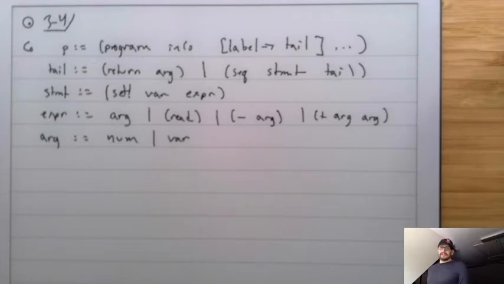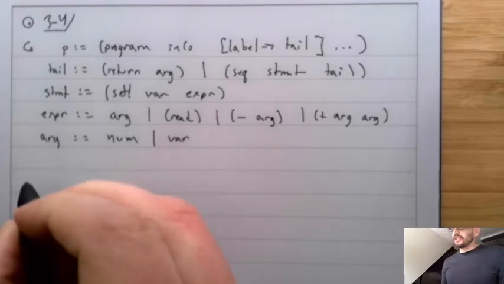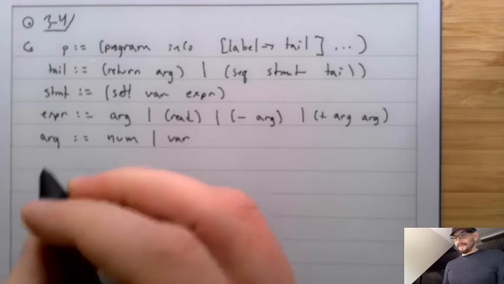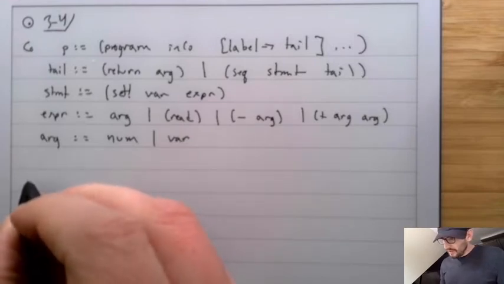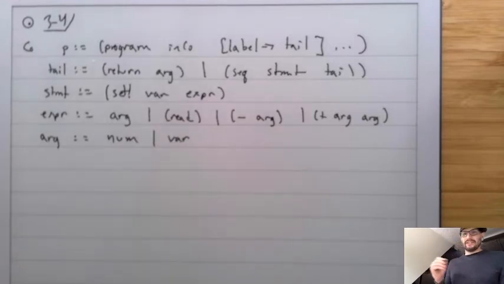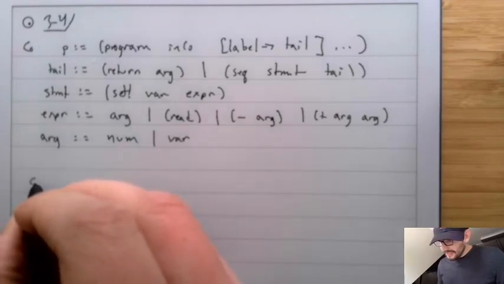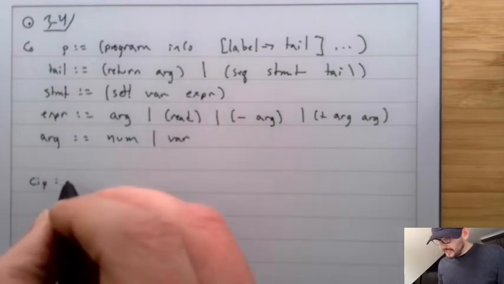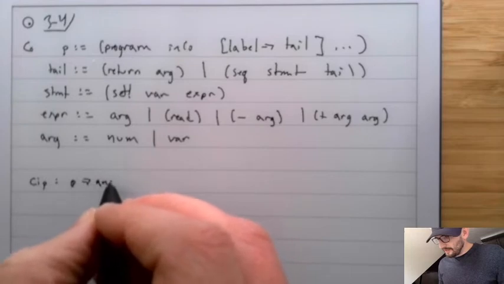Now let's write an interpreter for C0 so that we can make sure that we understand what it does. Okay, so we're going to write a function called interp_c, so let's call it CI for C interpreter. We'll write CIP, which is going to take a program and produce an answer.